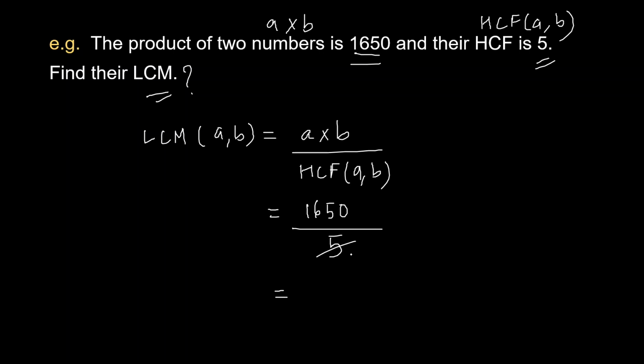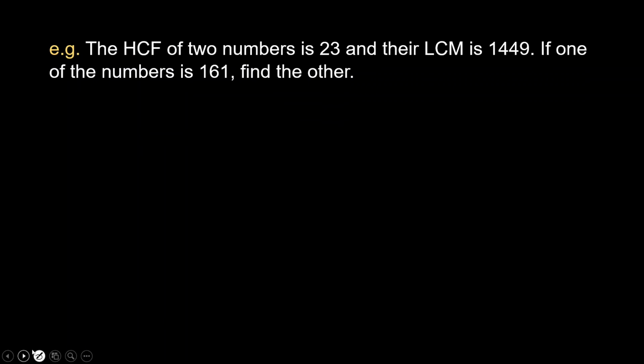So now cut this, 5 ones are 5, 5 threes are 15, carry 1, 5 threes are 15 and 0. So our answer is 330. So we have found the LCM. So going to the next question.